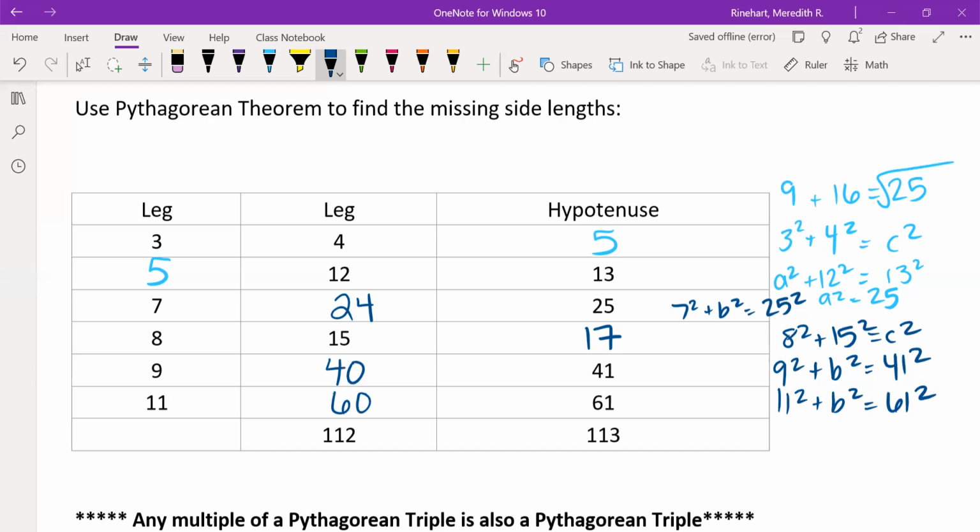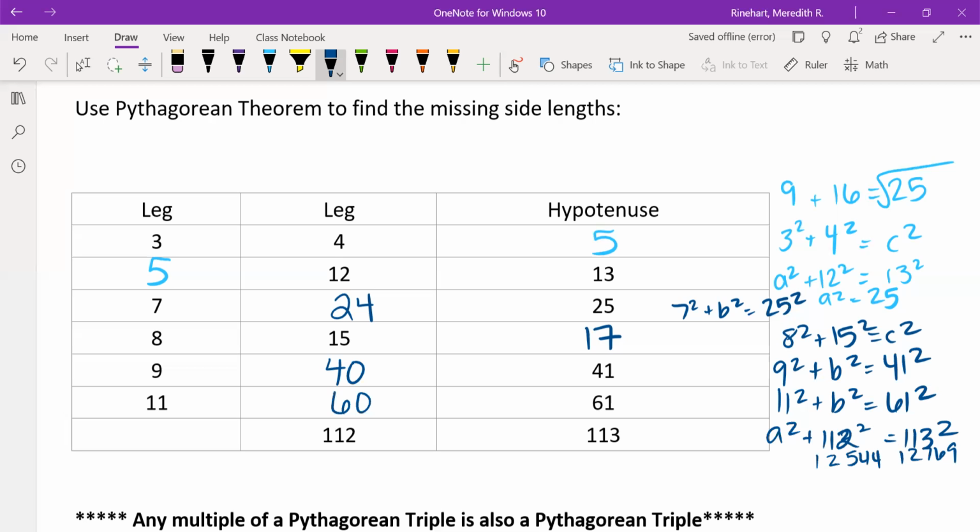And then last but not least, we've got a squared plus 112 squared equals 113 squared. So 113 squared is 12,769. And then 112 squared is 12,544.